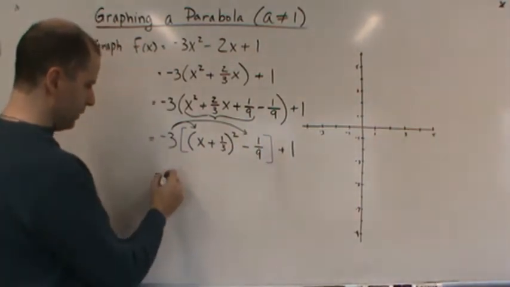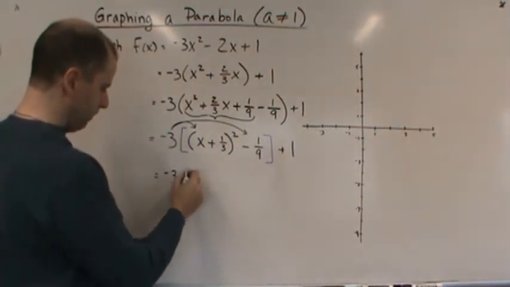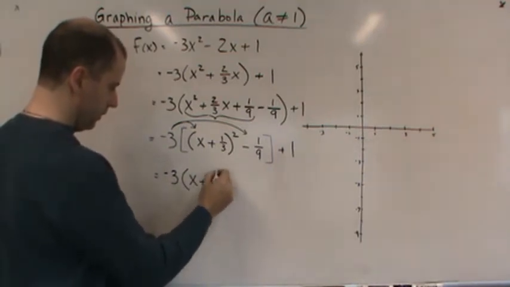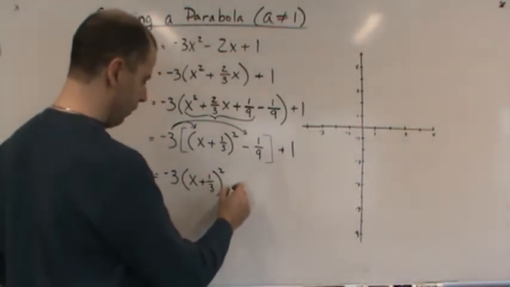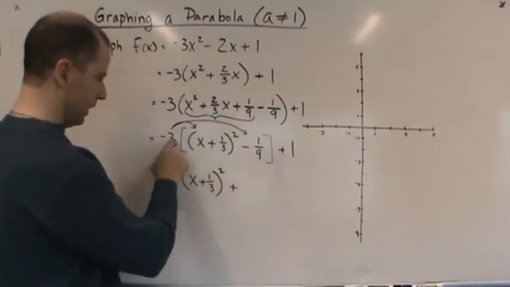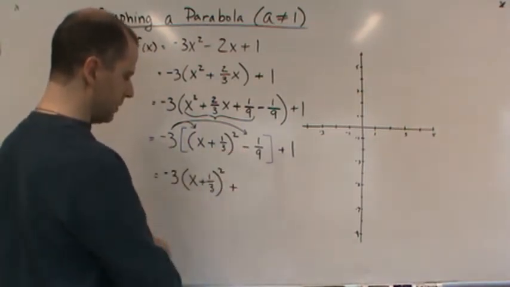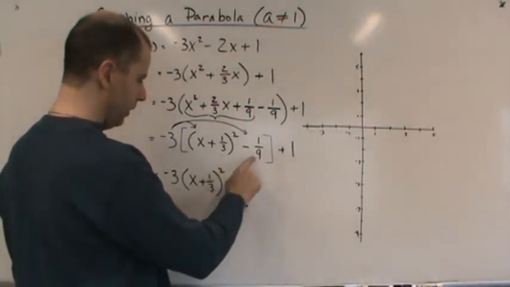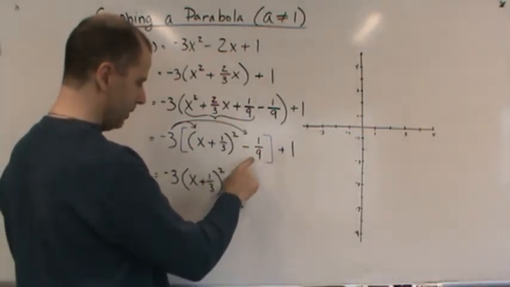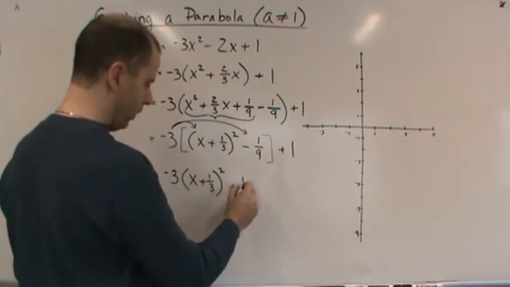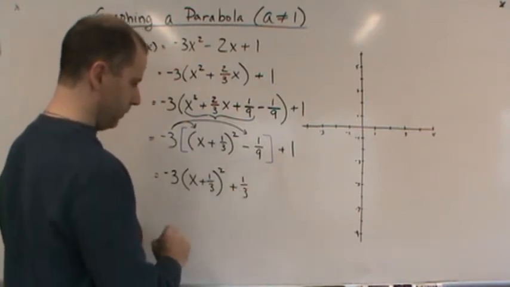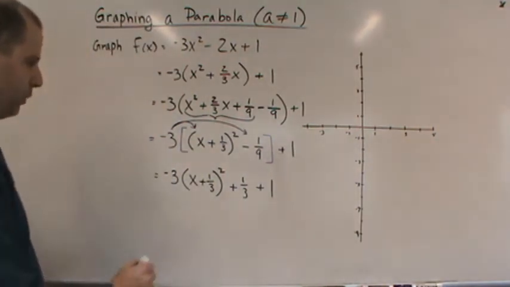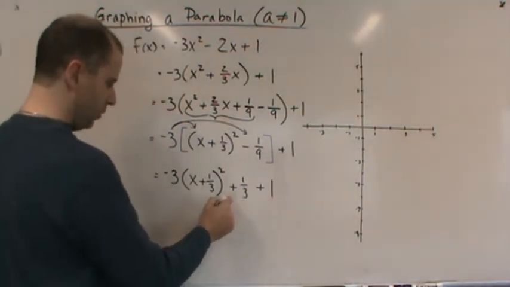So now it's going to become -3 times x plus 1/3 squared. Now plus, right, because negative times a negative is positive. So now 3 times 1/9, which is 3/9, will now give us 1/3. And now we can drop the parentheses, and now we can combine these two, and guess what?